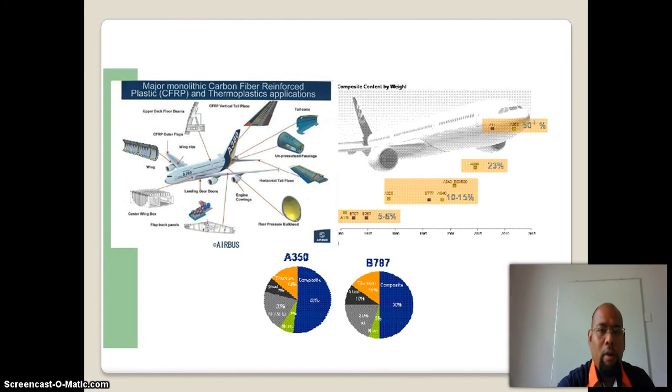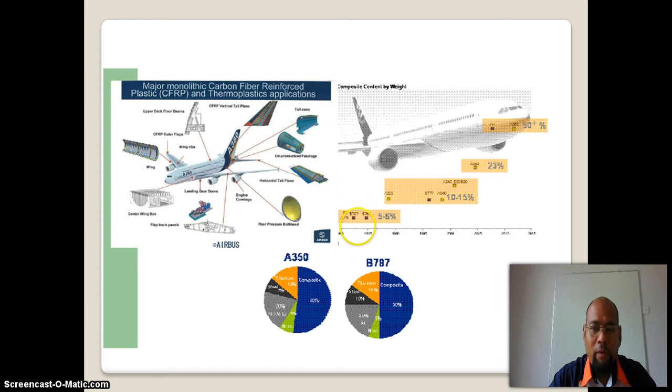In aircraft construction, most of our new generation aircraft are using composite material due to its strength to weight ratio, and we can customize the strength for a certain load that is required for the aircraft structure.